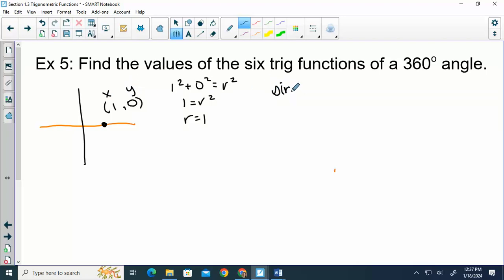So the sine of 360 degrees, since I actually have a degree measure, I can write that instead of theta. So sine is y over r, which is 0.